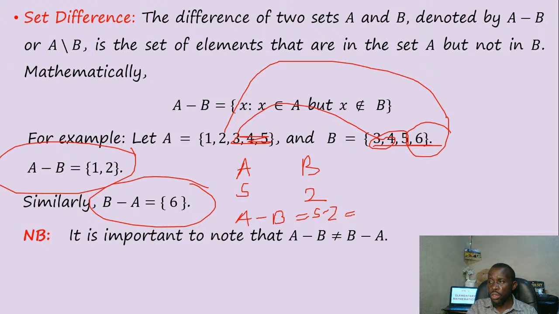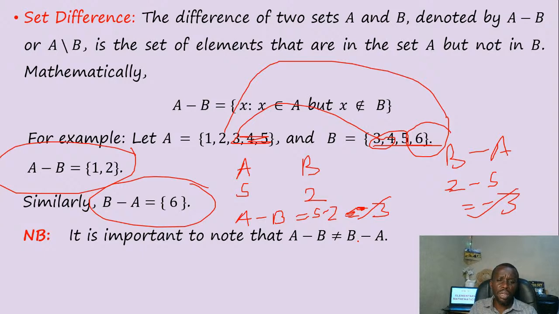That should give you 3. Sorry, this first one will give me ordinary 3, not minus 3. Then B minus A is 2 minus 5. That should give me minus 3. Can you see that it's not the same? So there's no way A minus B will be the same as B minus A.